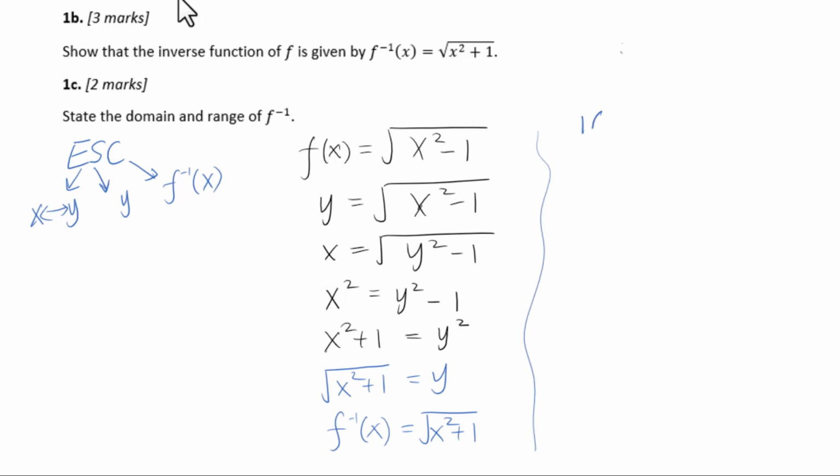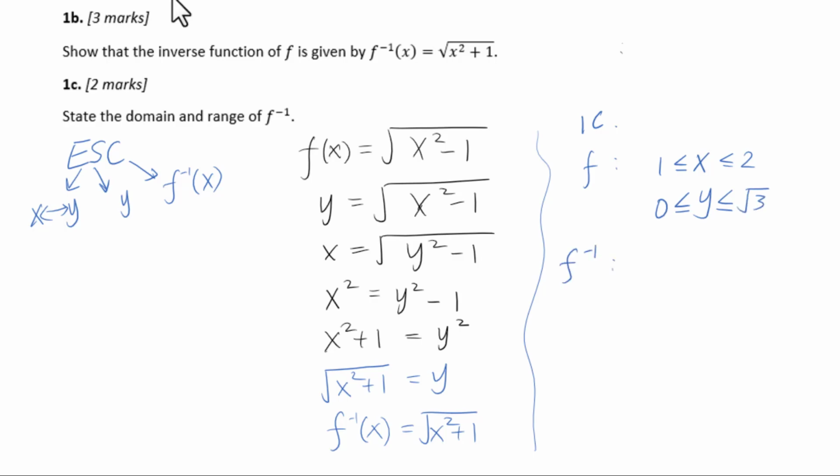Let's go to 1c. State the domain and the range of inverse f of x. We know for the f function, the domain is greater than or equal to 1, less than or equal to 2. Range is greater than or equal to 0, less than or equal to square root of 3.